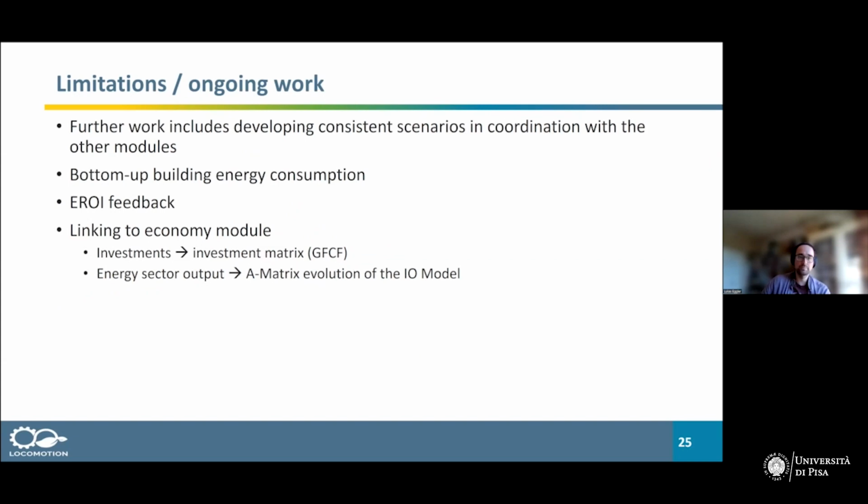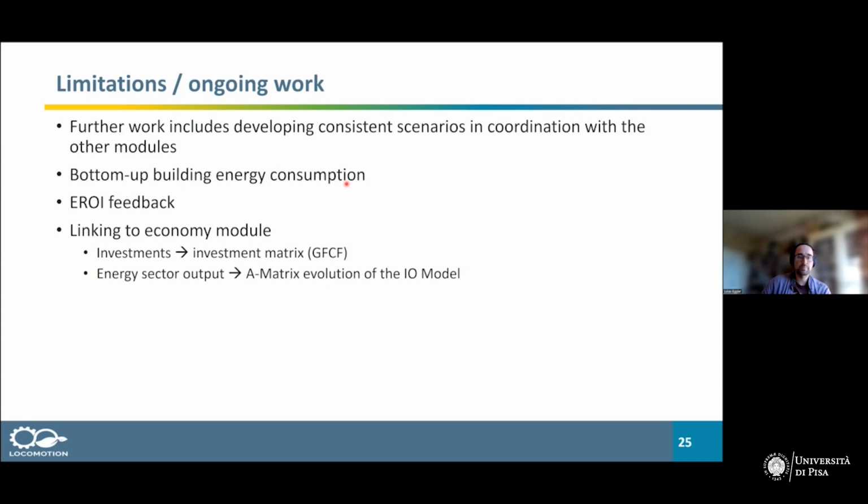We have still some work to do as well. As I said, the cases that I just showed you are not yet a consistent scenario, so this is still work in progress. We still haven't finished the building energy part.